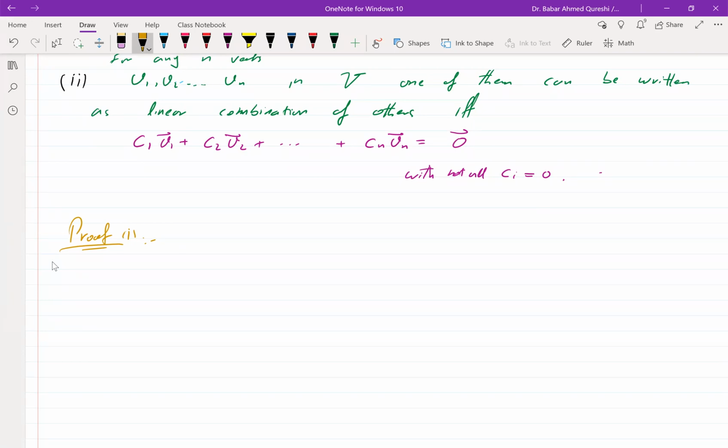So suppose one of them can be written in terms of the others. So let's call that the nth one. I just number it the nth. Then you will be left with, let's call it A, let's call it B, some particular constants.